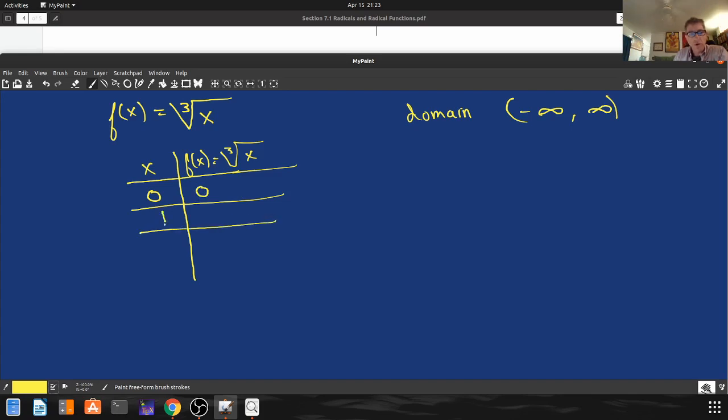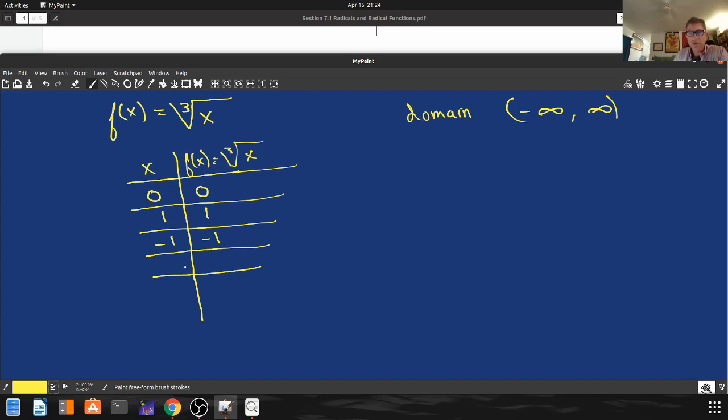Let's choose 1. Well, 1 times 1 times 1 is equal to 1. Let's choose minus 1. So that's the trick, is once I find a positive number and I find its cube root, then I can choose a negative number and find its cube root as well.